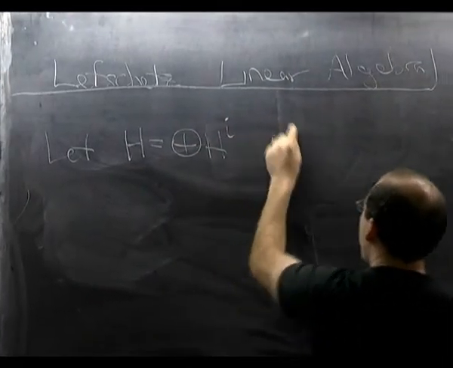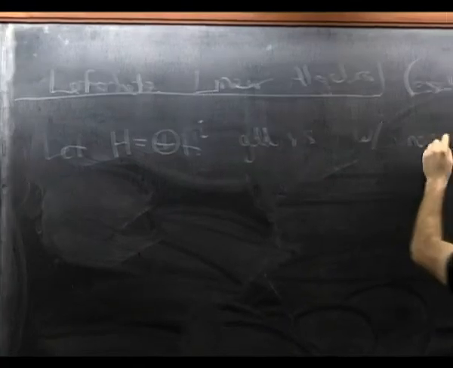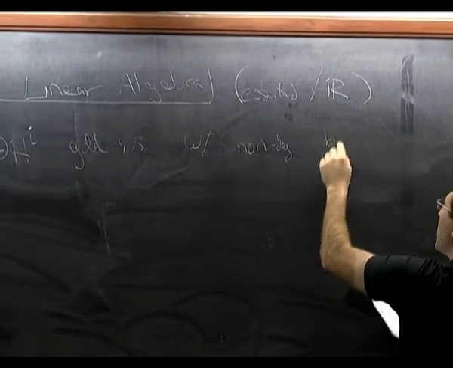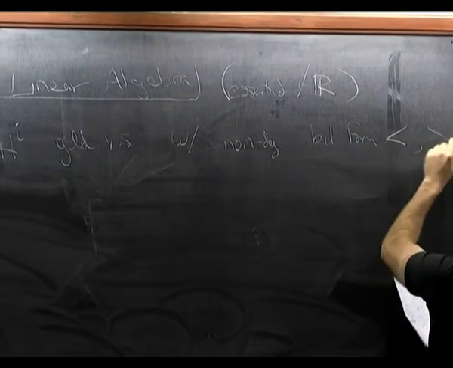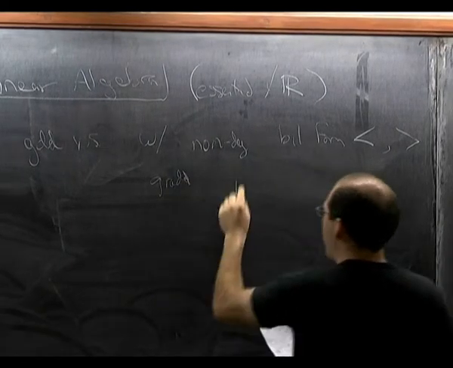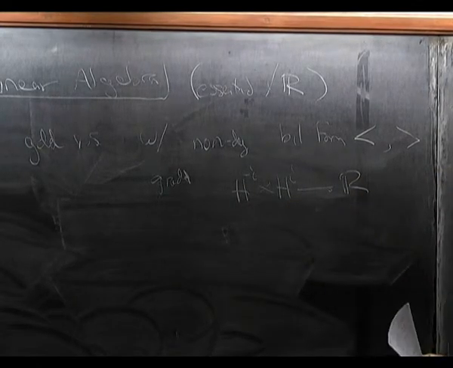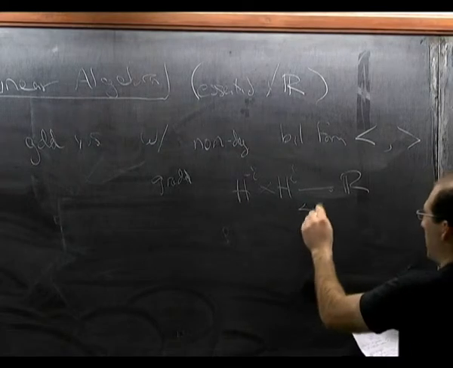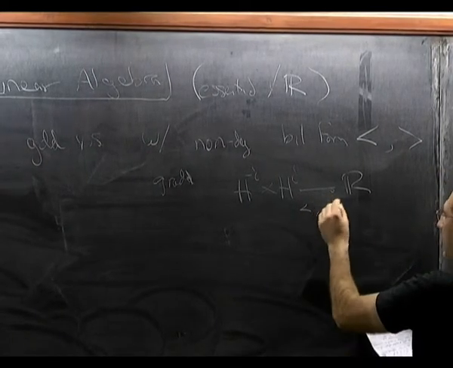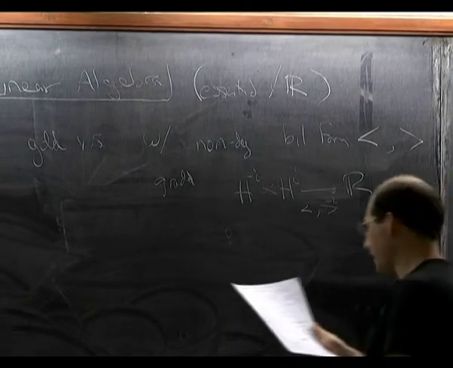So, let H be a graded vector space. It's equipped with a non-degenerate bilinear form which is graded, so that it pairs H_{-i} cross H_i to R. Maybe I'll put a minus i there to indicate that I'm really thinking of this as dealing with degree minus i.